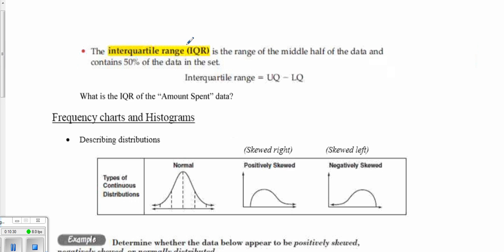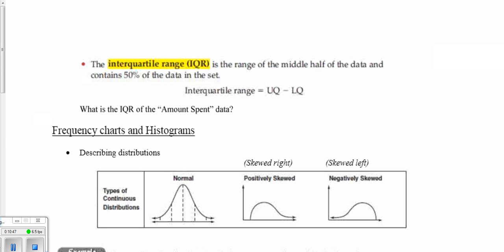The interquartile range, the IQR, remember it's the range of the middle half of that data. It contains 50% of all of the data in the set. To find the interquartile range, we take the upper quartile minus the lower quartile. So what was the IQR, or the interquartile range, of our amount spent data?